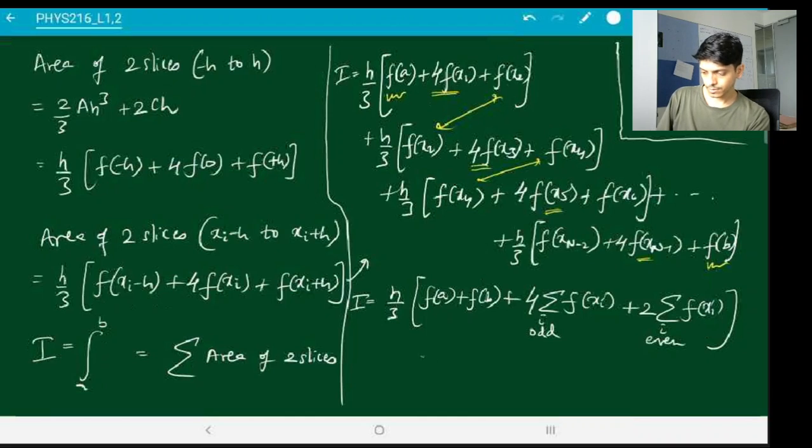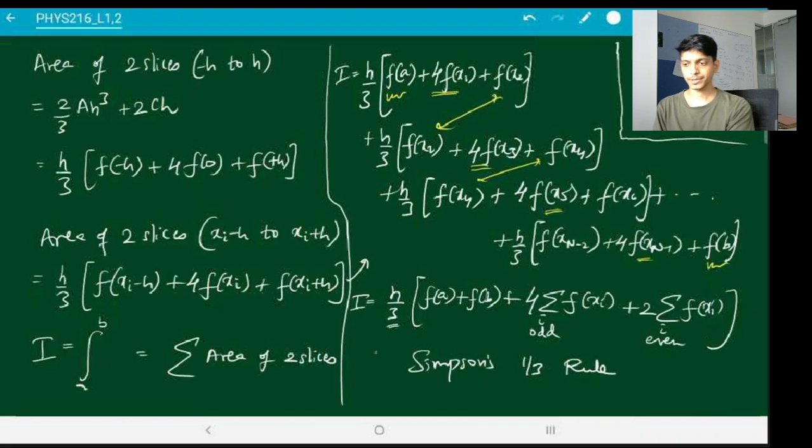So this is Simpson's 1/3 rule. 1/3 because this 1/3 appears in front of it. Of course, needless to say, the total number of slices needs to be even because you're taking 2 slices at a time.